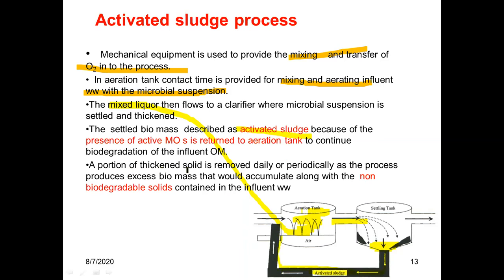The portion of thickened solid is removed daily or periodically, as the process produces excess biomass that would accumulate along with the non-biodegradable solid contained in the influent wastewater. So part of the sludge is recycled, and another part is disposed of with the other solid.